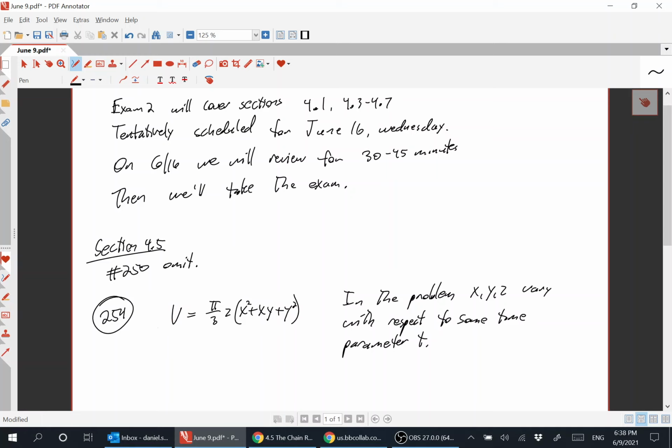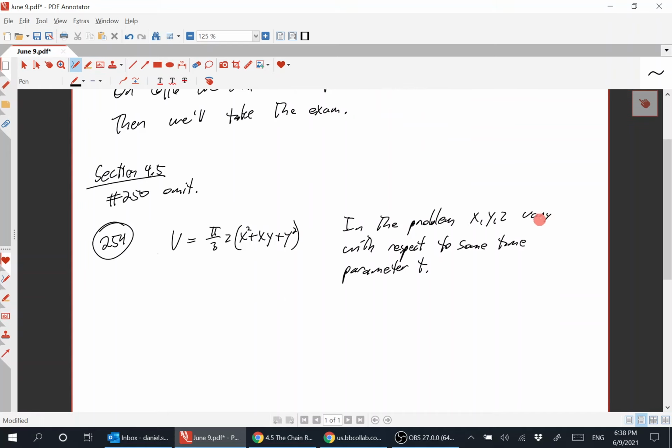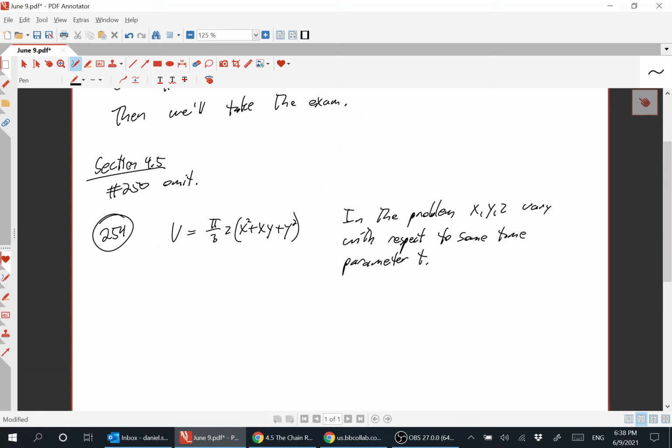V is a function of x, y, and z, but since x, y, and z are all functions of t, V is actually ultimately a function of t. Now, they don't say in the problem what dx/dt, dy/dt, and dz/dt are.